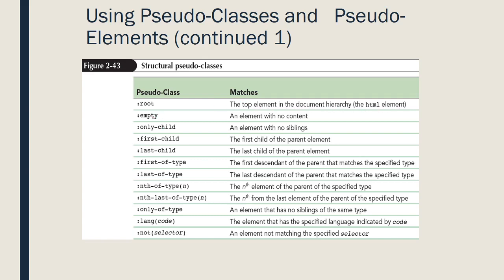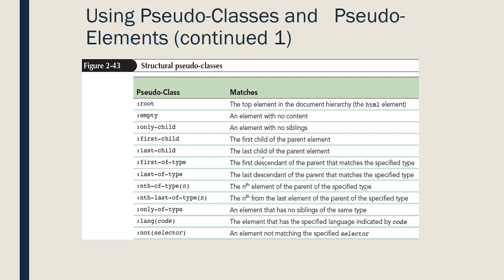For the empty pseudo class, an element with no content. The only-child pseudo class is an element with no siblings. The first-child is the first child of the parent element.